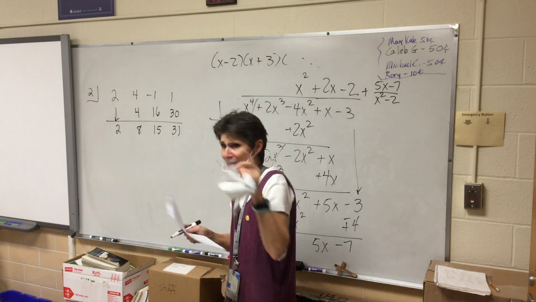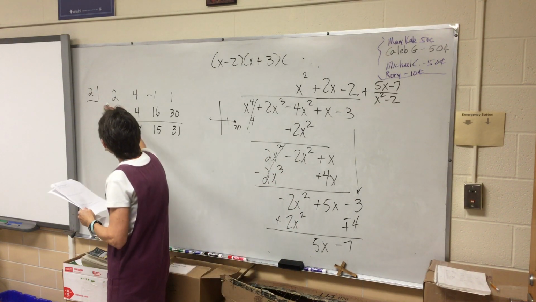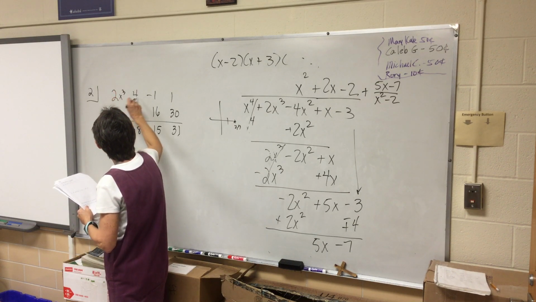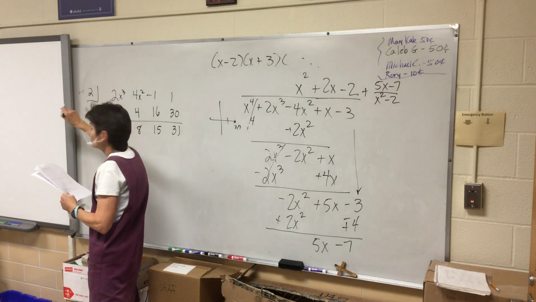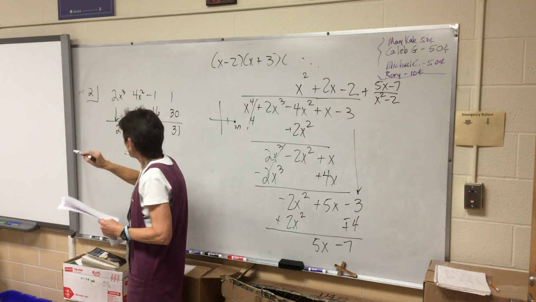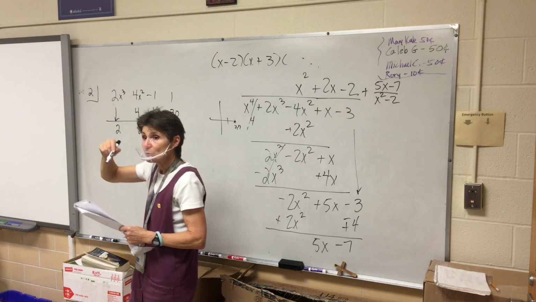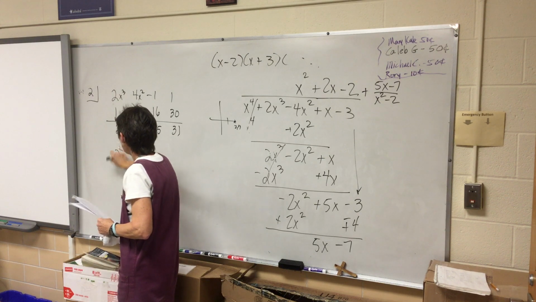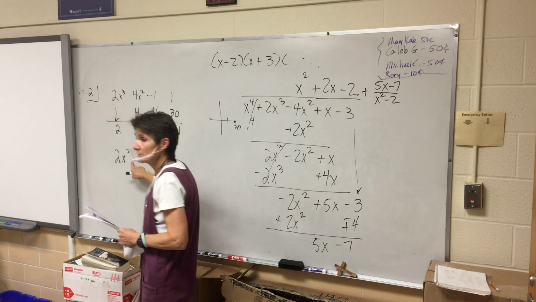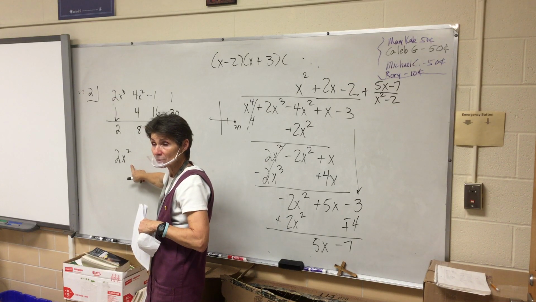Now, what does that mean? Well, remember the original problem was this 2x cubed thing getting divided by x minus 2. This is your quotient. But when you divide a 2x cubed by an x, you're going to have 2x squared. You have to go down a power because you're dividing.